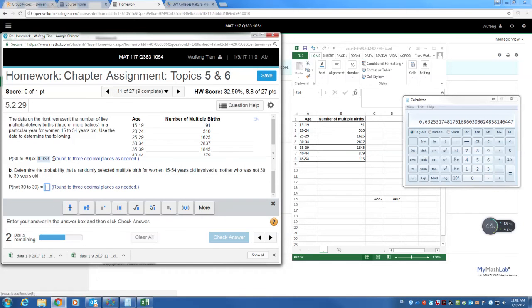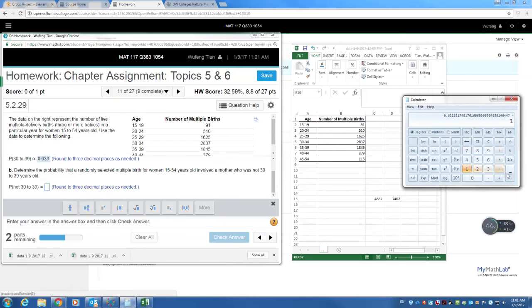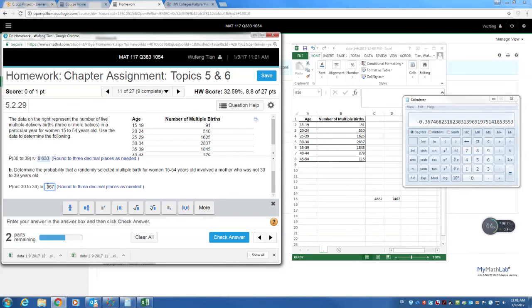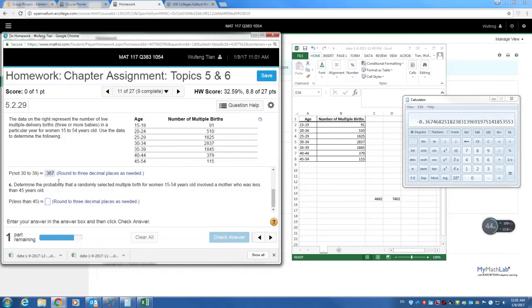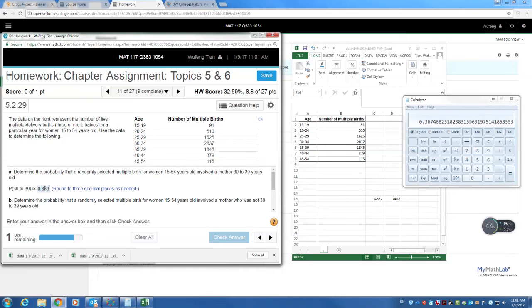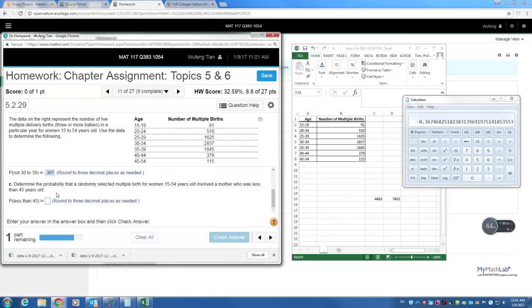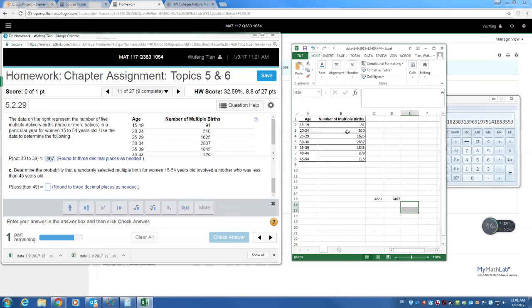Not that, so 1 minus this number, 0.367, because it's this number and the probability of not is 1 minus this. Less than 45, so choose everything before 45.